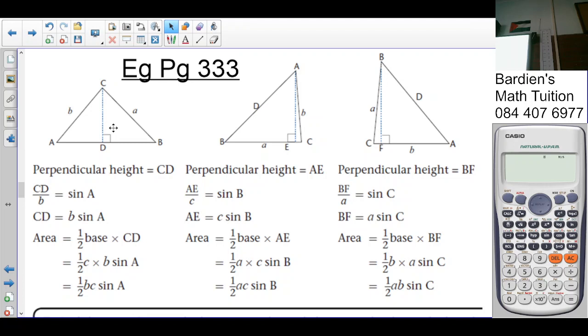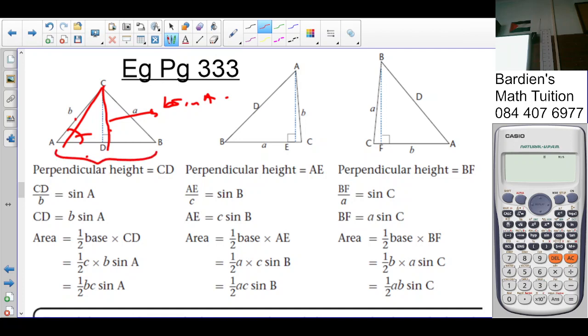Then we know that CD over b is equal to sine A, since sine is opposite over hypotenuse. So CD is equal to b sine A. Then for the area of a triangle, what's your base?